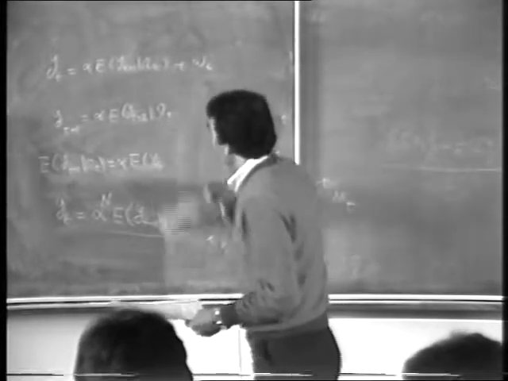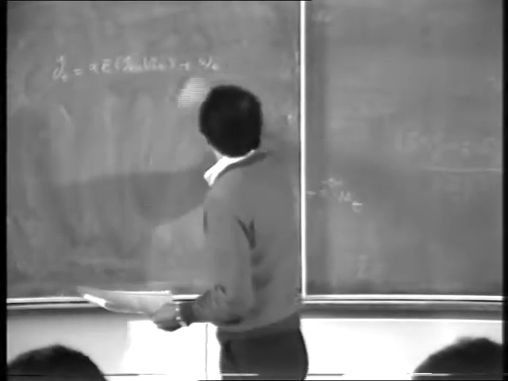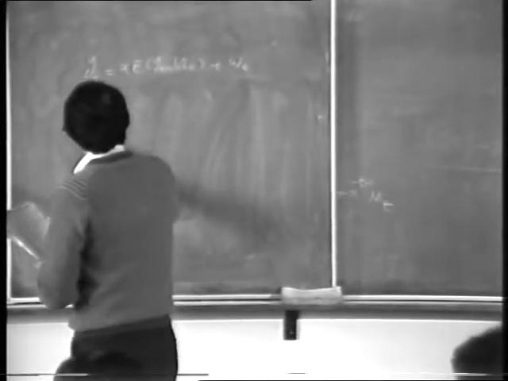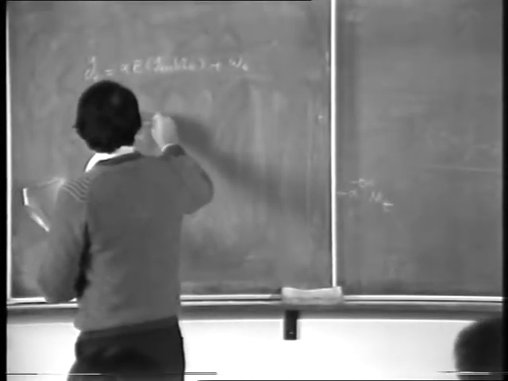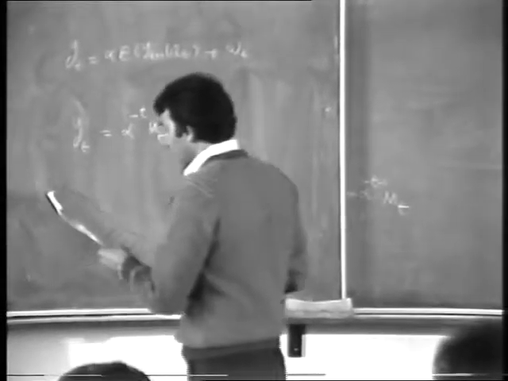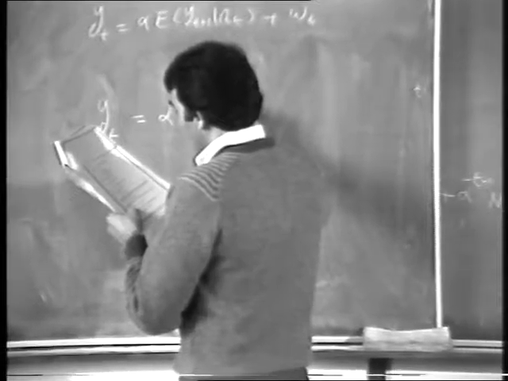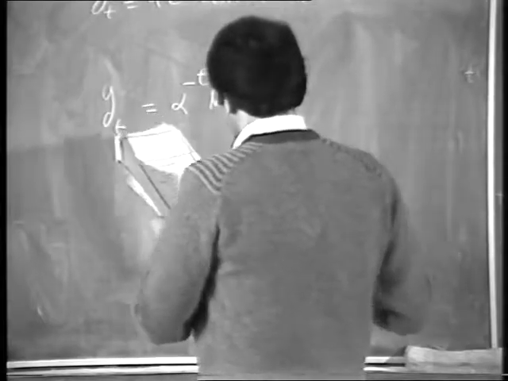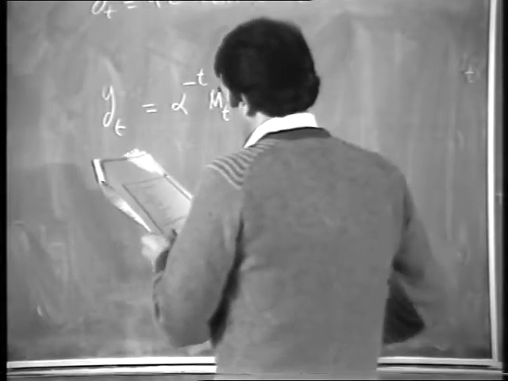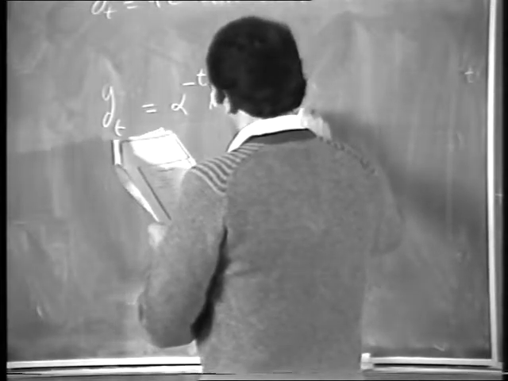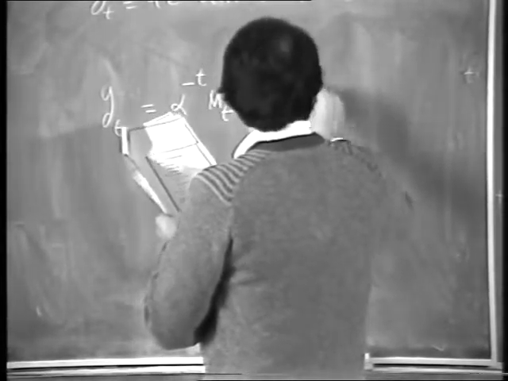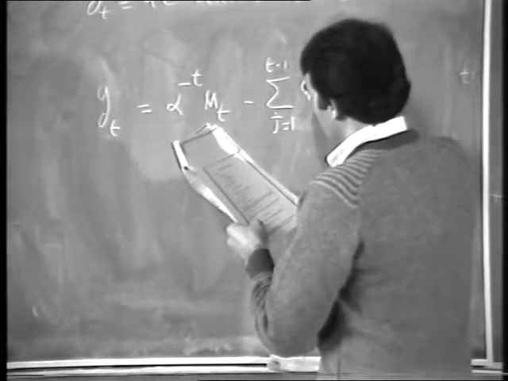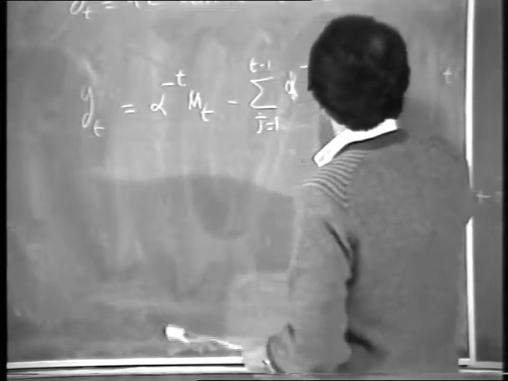But the general solution of this equation, using the Martingale approach, can be written as y_t equals alpha to the power minus t times m_t, minus the sum of j from 1 to t minus 1 of alpha to the power minus j w_{t-j}.